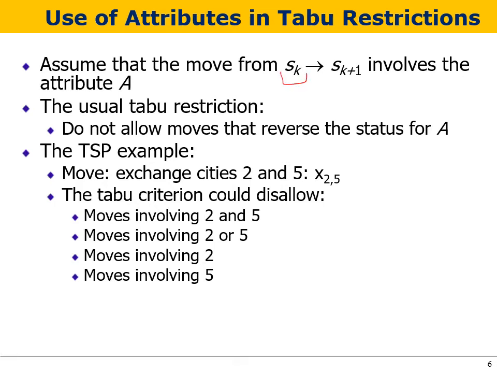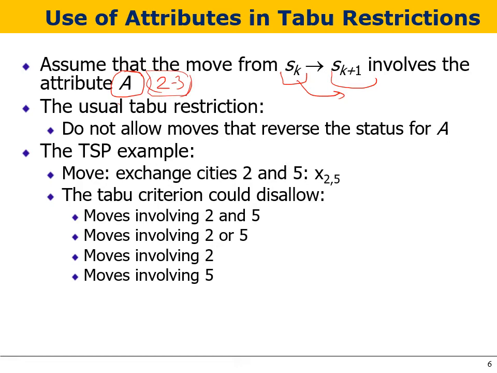This is the solution in the kth iteration, and this is the solution in the next one. So we jumped from this one to the other, and the change here is characterized by such a move. For example, 2 and 3 are exchanged, so that attribute is 2 and 3.